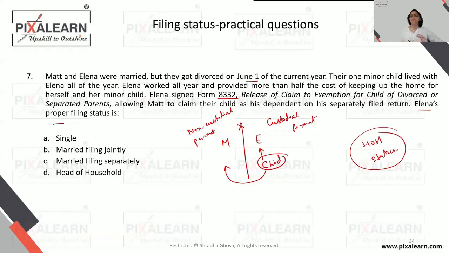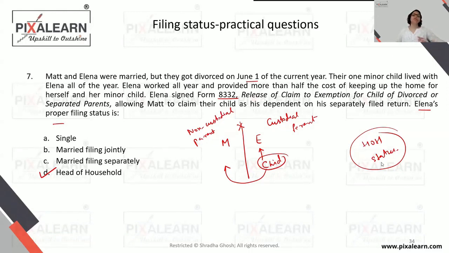Even though you're not claiming the child as a dependent, since you're maintaining the house, which for more than half of the tax year is the principal place of residence for the child, you can still claim the HOH status. This is what was meant by the provision that I had stated earlier.